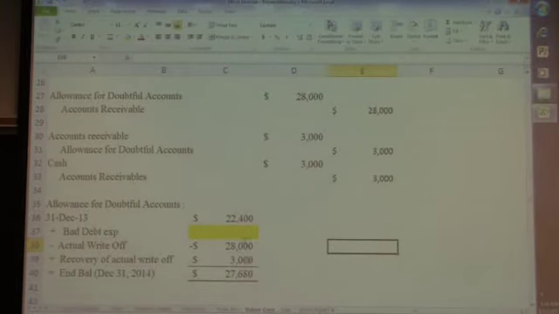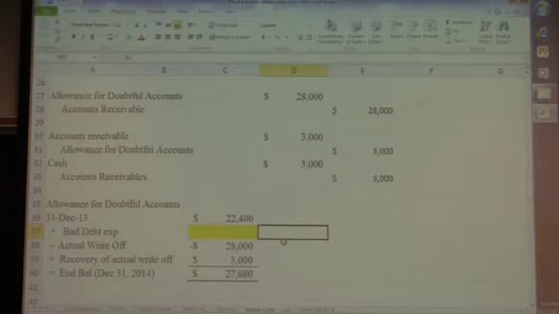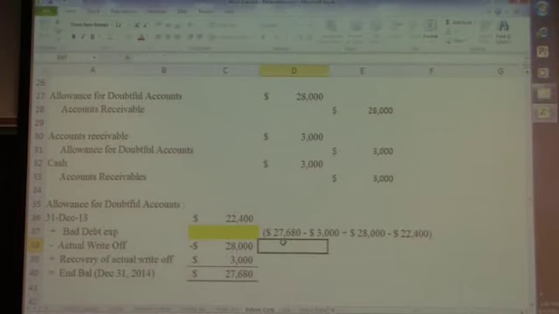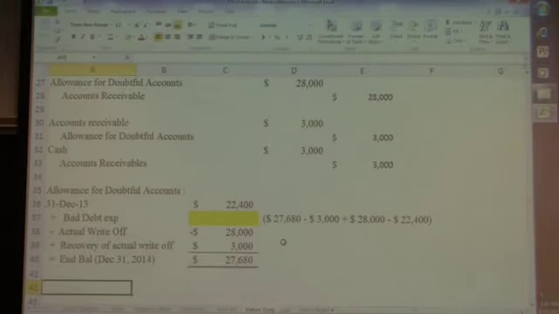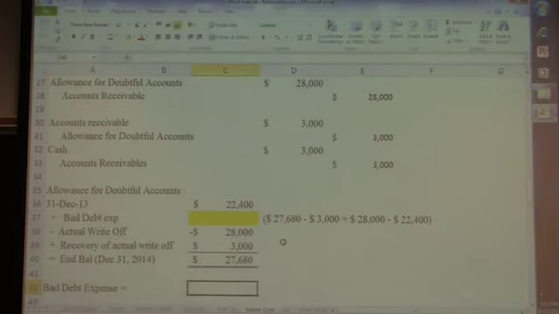So in order to calculate the bad debt expense, that would be based on $27,680 minus the $3,000. You add back the $28,000, and you subtract the $22,400. So my bad debt expense should equal $30,280.